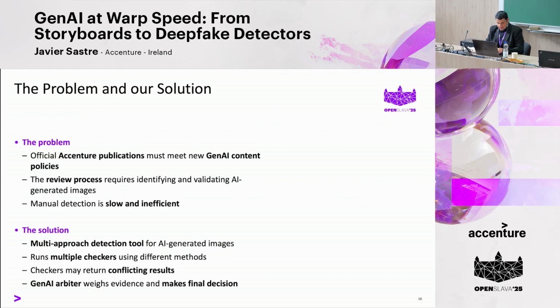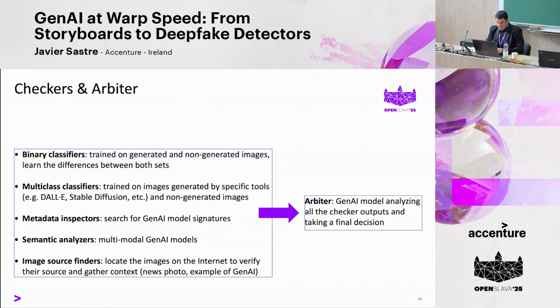So our solution, well, we started exploring different techniques and approaches for detecting if an image is generated or not, and we found these different types of approaches. Okay, so our tool is composed of a number of checkers or experts, and each one of these experts looks at the problem from a different angle.